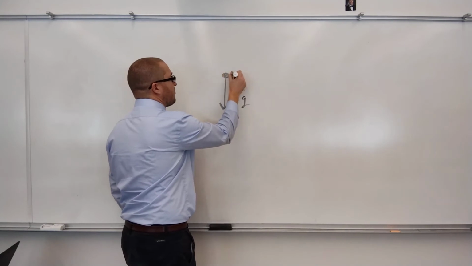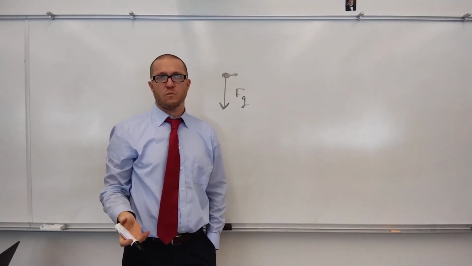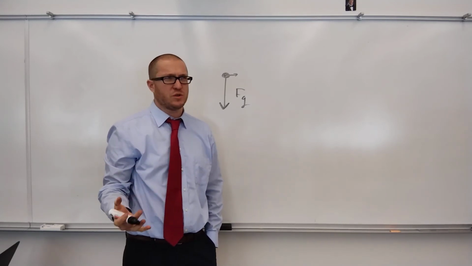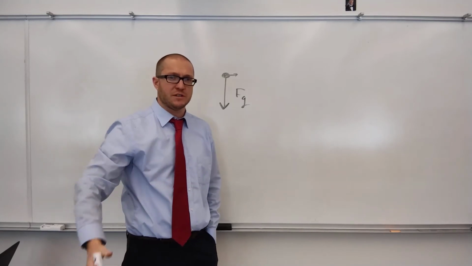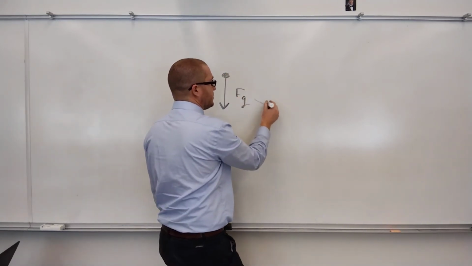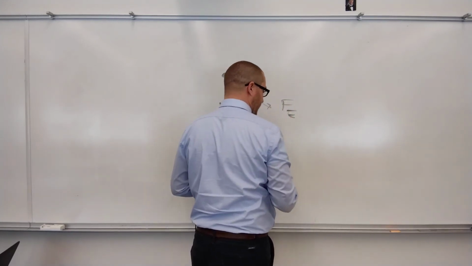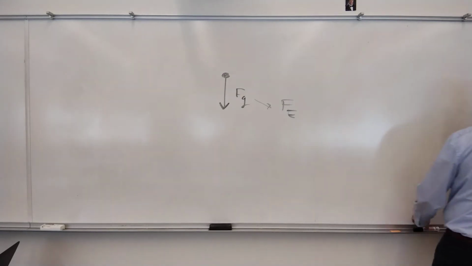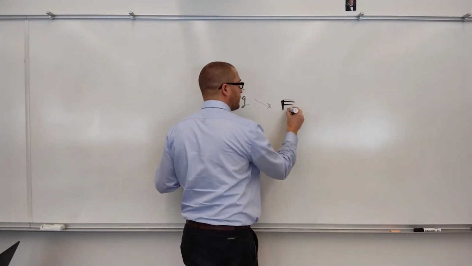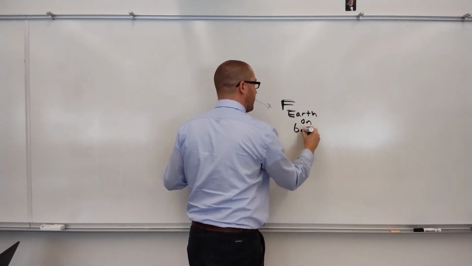Everybody always wants to try to put a force moving it forward, but what could that possibly be? Kids will say force of momentum, force of motion. Well, those don't really exist. Remember, forces are always the force of one object, which is the earth, on the ball.